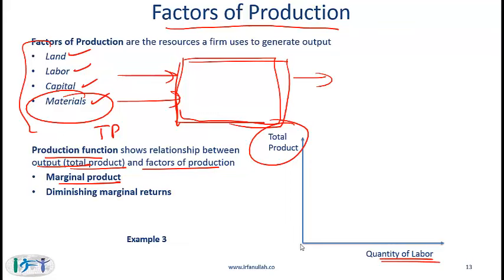Now, if we start with 0 labor and then we add 1 unit of labor, our output will go up by a certain amount. Then we might add another unit and our output will go up, and so on. So let's say that we go to a certain level and our output keeps increasing.